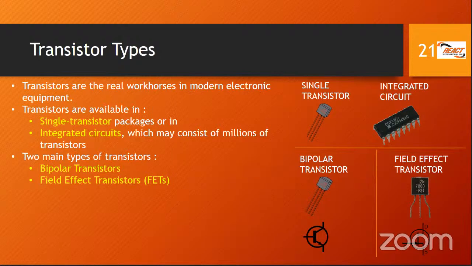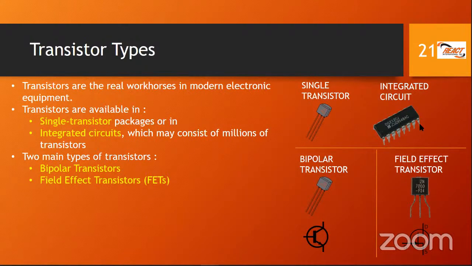But there are two basic packages that transistors will come in. Either they will be a single transistor by itself, or they will be part of an integrated circuit, sometimes what we call a chip. And inside of there, you could have millions of transistors inside of an integrated circuit.